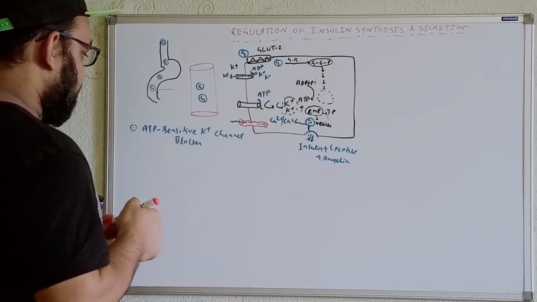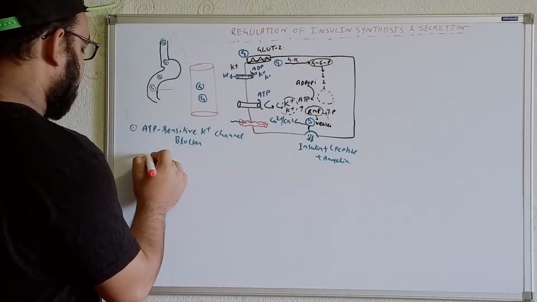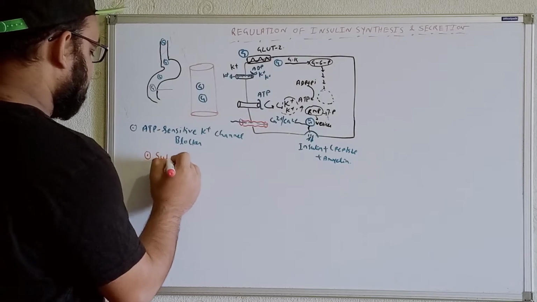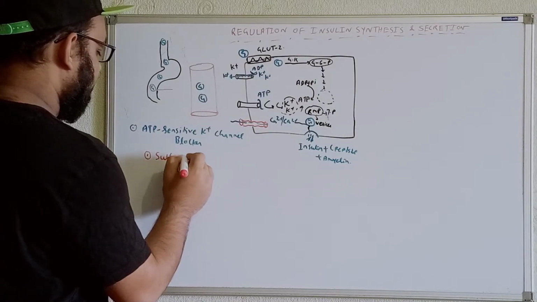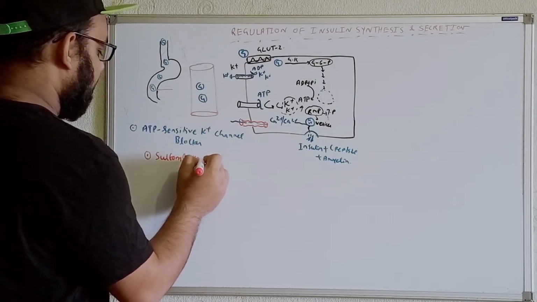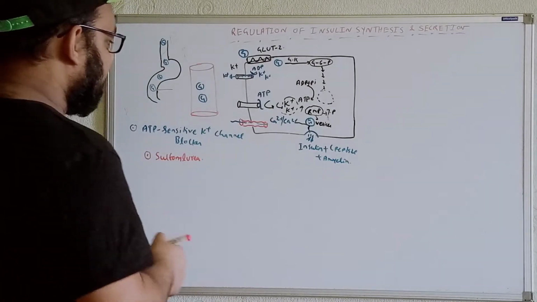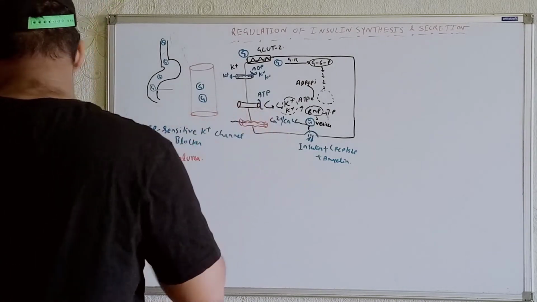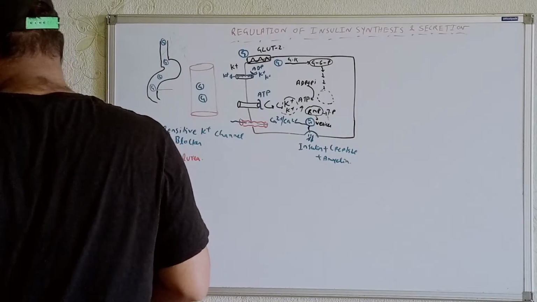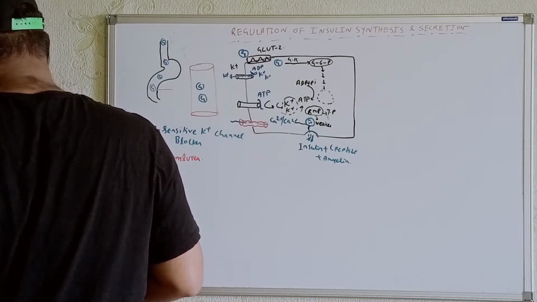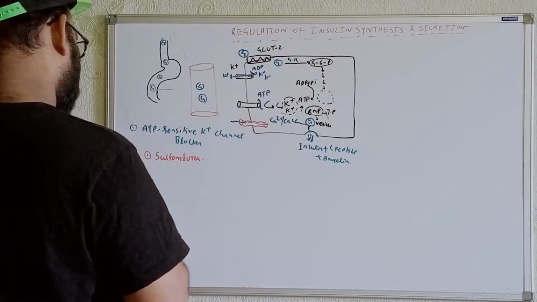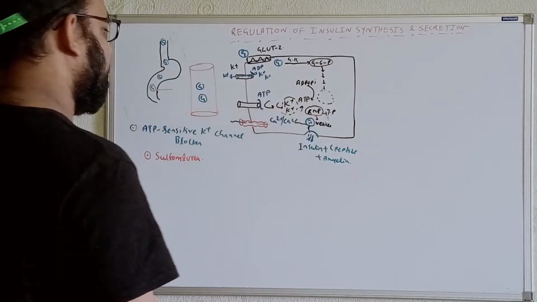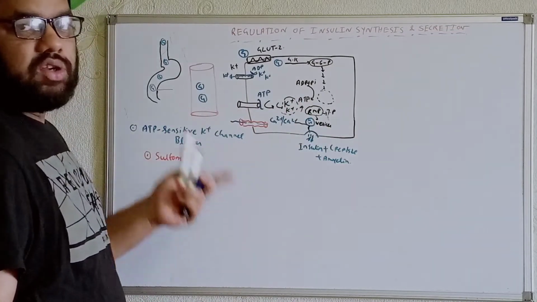One is known as sulfonylurea. This sulfonylurea will go over here and block the ATP sensitive potassium channel. As a result, the intracellular potassium concentration will be increased.